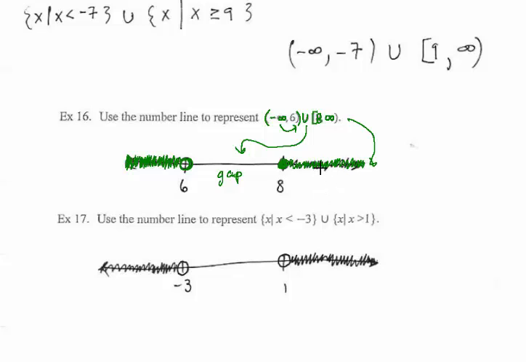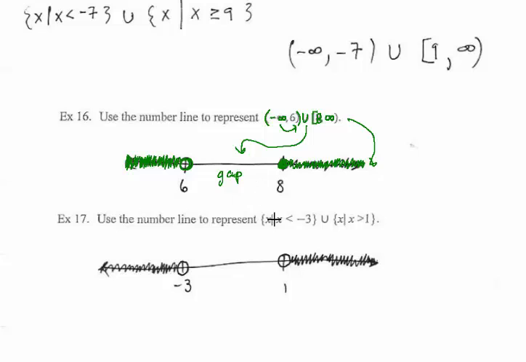So you can visually see what numbers are in our interval: numbers less than 6, greater than 8, and 6 itself isn't included, but 8 is. And no numbers in between 6 and 8 are included in the interval.